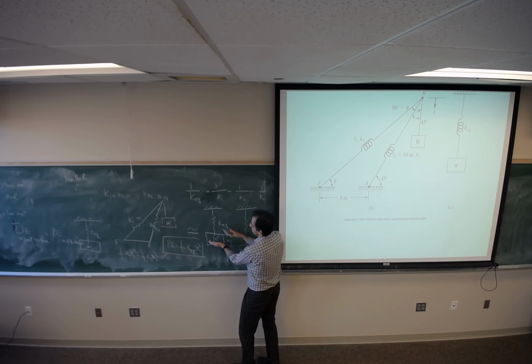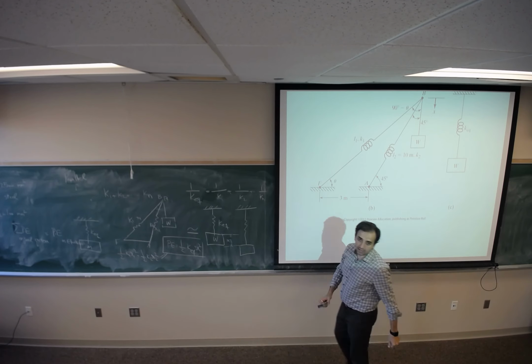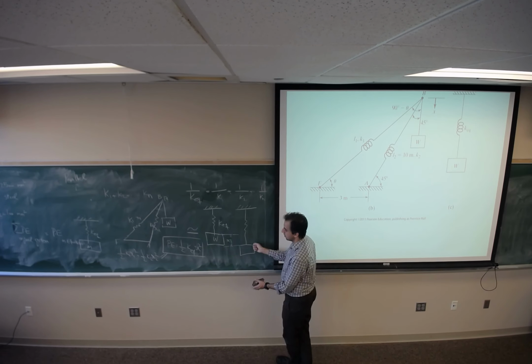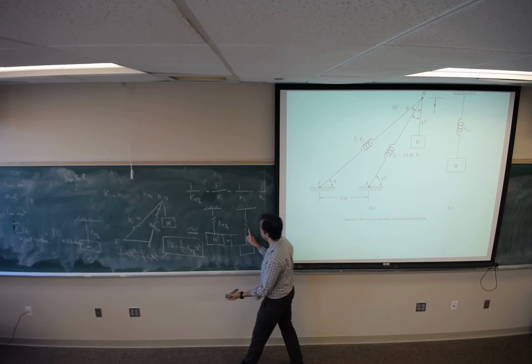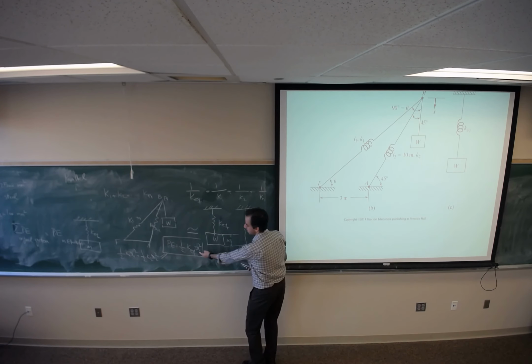So this mass and spring is going to be at a different location with the magnitude of x. And how much would be the potential energy that you store in this system? It is going to be half of the stiffness times the deflection squared, which is x.